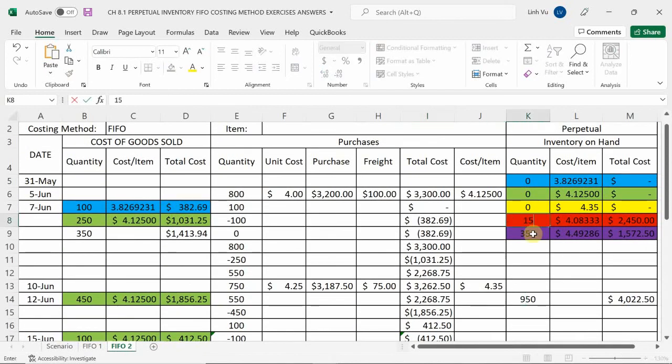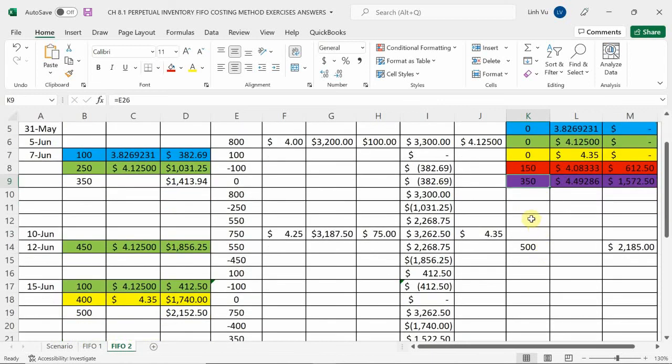We should have 150 left at 612.50. So in this case, 150 plus 350 is exactly 500. And that's exactly what we said, right? We're supposed to end the month with 500 units at a grand total of $2,185 even, right?